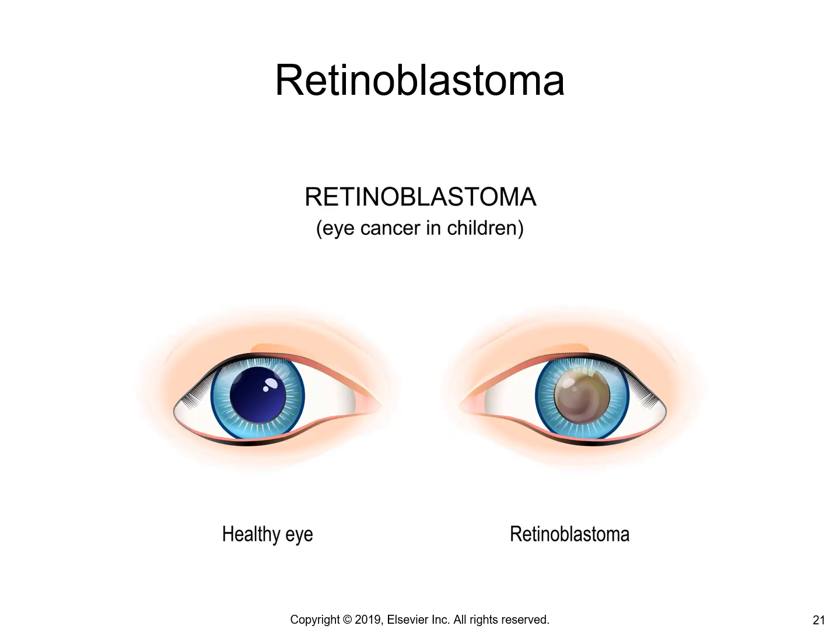That is your retinoblastoma. You can see on the right side there's a yellowish, whitish color in the pupil, versus the picture on the left, which is the healthy eye. Retinoblastoma is an eye cancer in children.